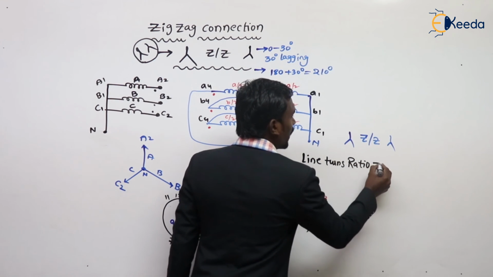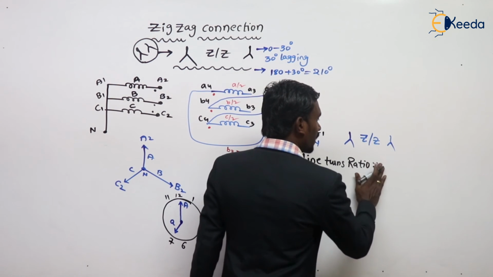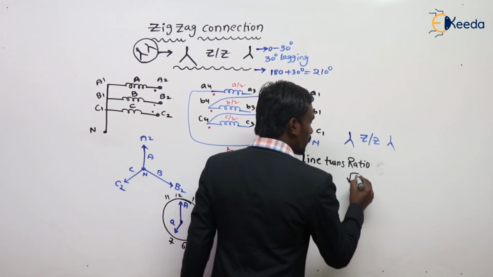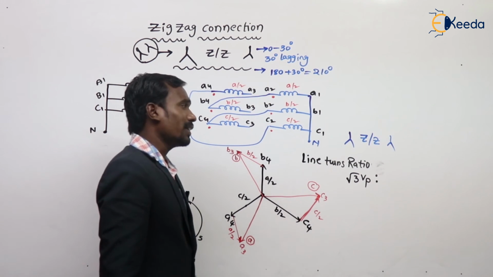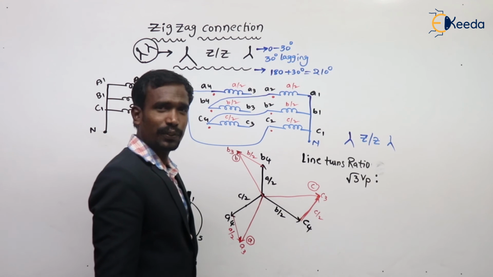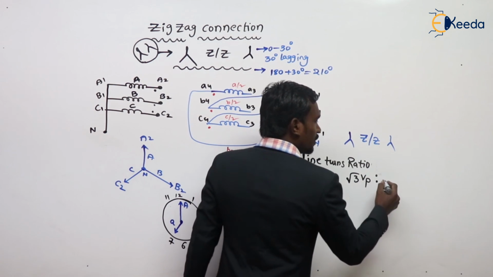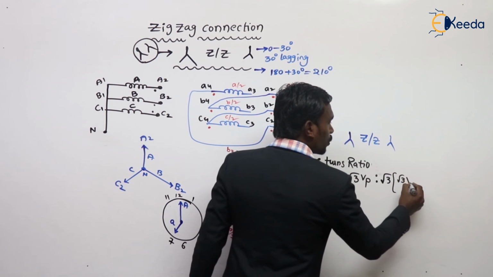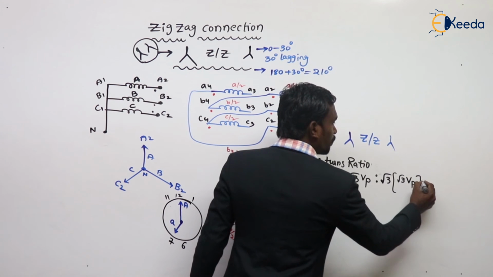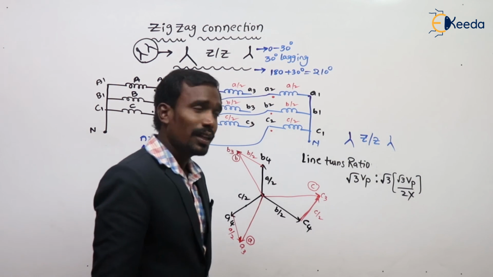The line voltage of star is root 3 times the phase voltage. And what is the line voltage of this star? This is also root 3 times root 3 into V phase by 2x. We calculated it already in the before session.